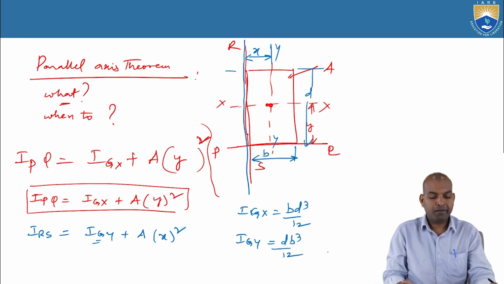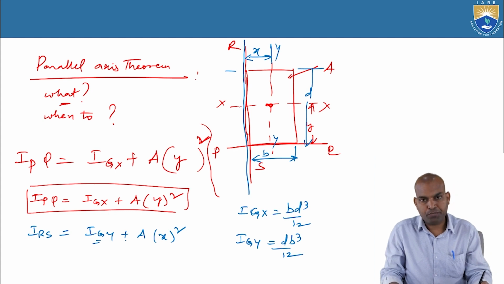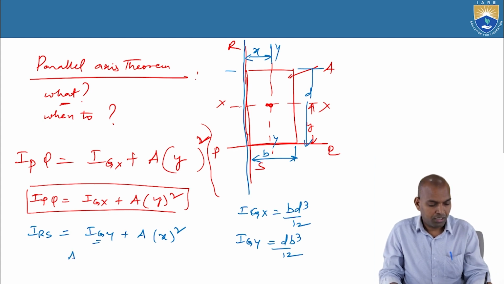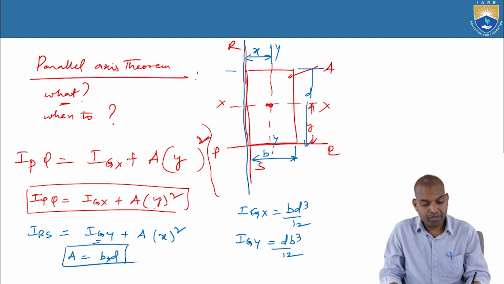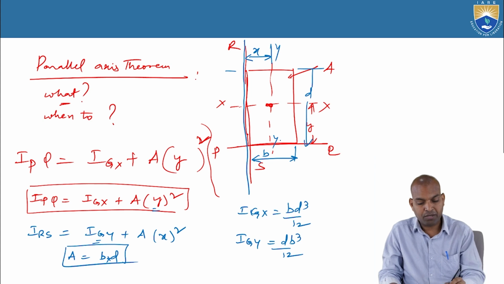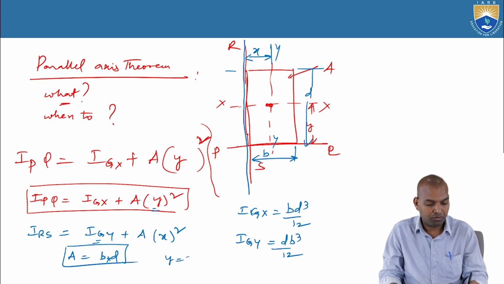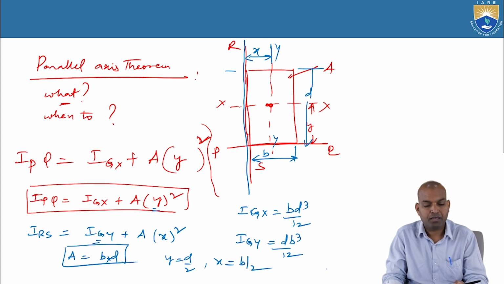The area remains the same for both IPQ and IRS: A equals B times D. Y is the distance, equal to D by 2, and X equals B by 2.